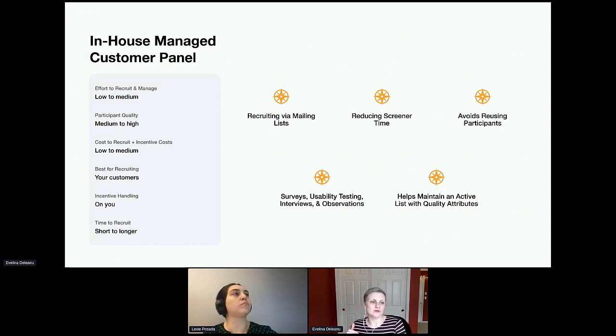The cost to recruit tends to be low to medium because, again, a lot of the legwork to recruit and screen folks initially has already been done. This is best for recruiting your customers rather than somebody else. Incentive handling tends to fall on you, and the time to recruit can vary from short to longer, just depending on how specialized your customers are.